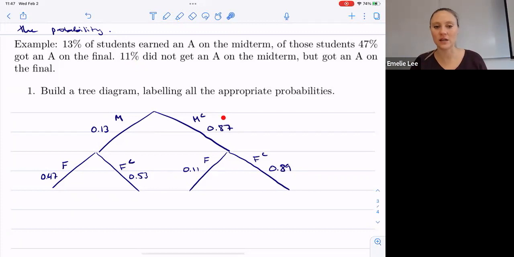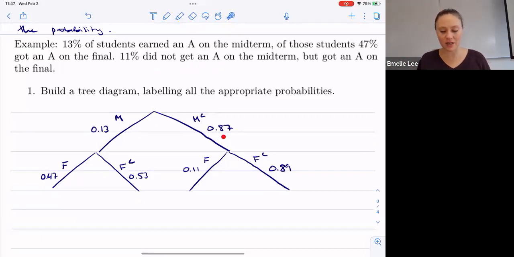How I'm reading this is that 11% did not get an A on the midterm, but got an A on the final. And what I'm reading this as is, given that they didn't get an A on the midterm, they got an A on the final. It's tricky, and that's the assumption that I'm making when I read these.